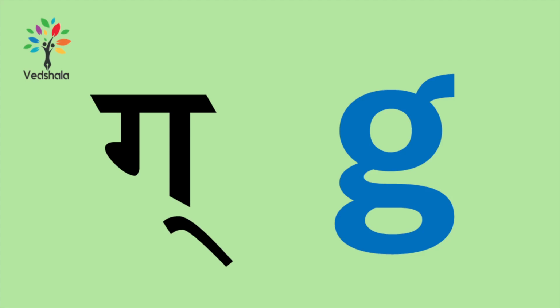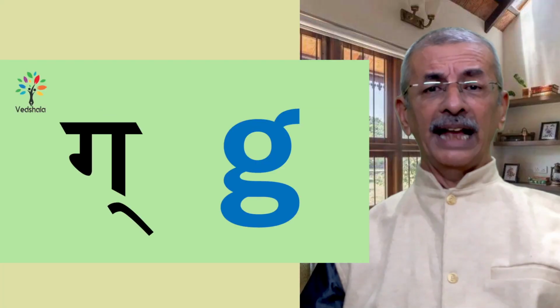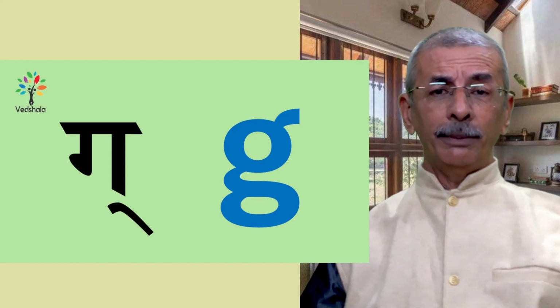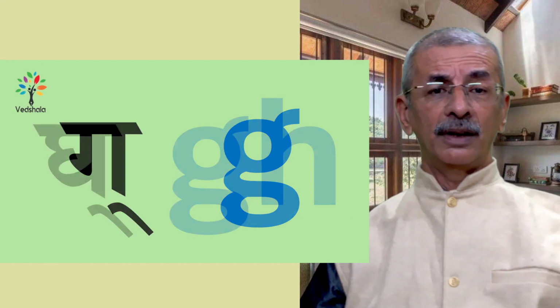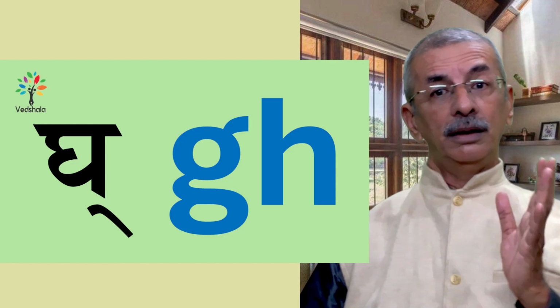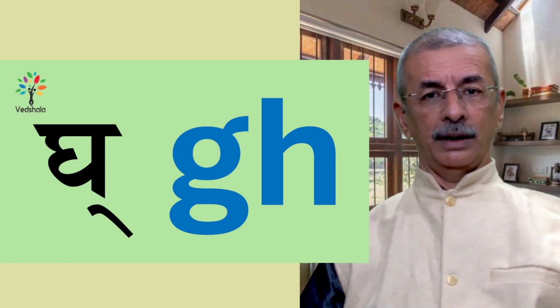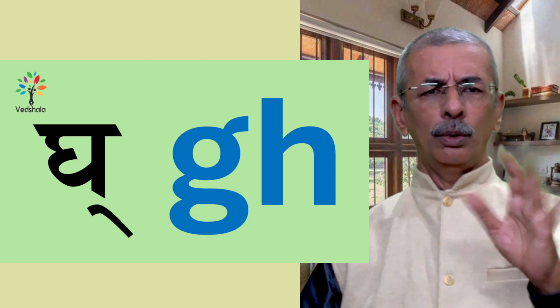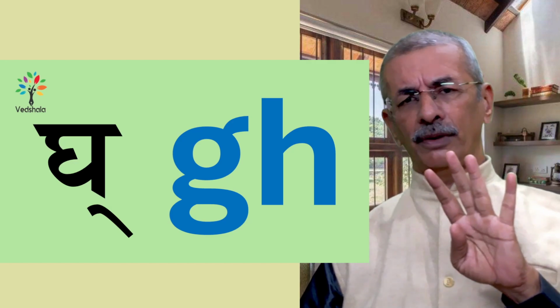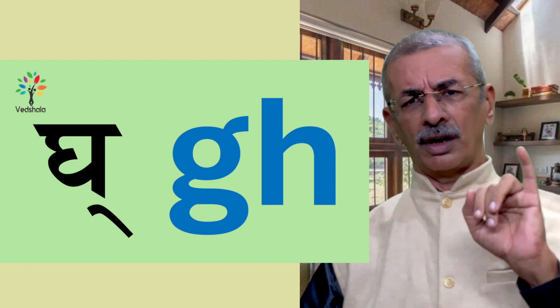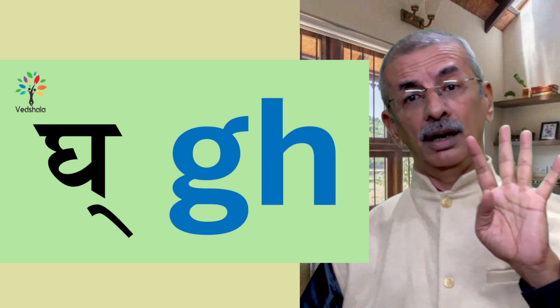Now, G, Gha. Thereafter, the alphabet which will come is Dha, the heavier one. These are the four alphabets that we have discussed just now: Ka, Kha, Ga, Gha.